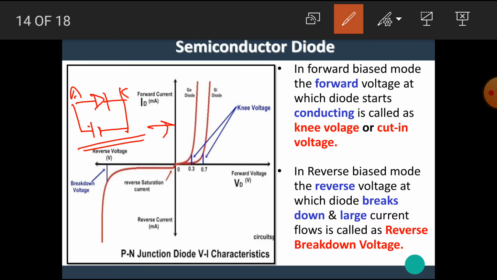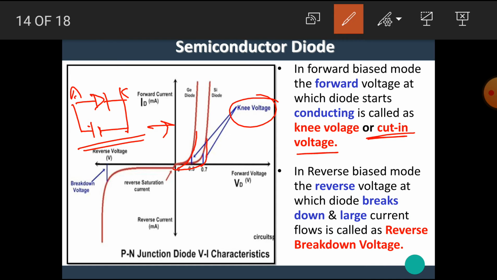What happens in this type of combination? A small current flows up to the knee voltage, and after the knee voltage a large current flows through the circuit. The voltage at which the large current flows is known as the knee voltage, or it is also called the cut-in voltage.